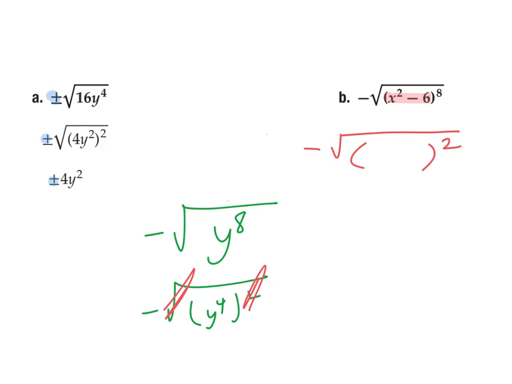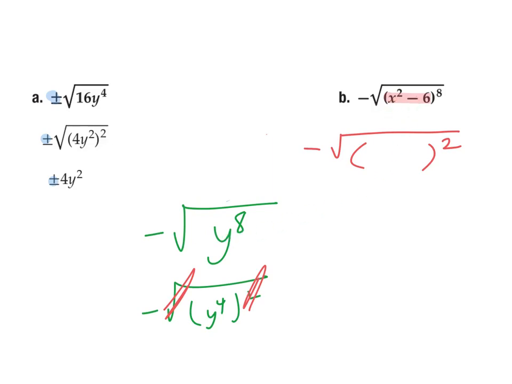X squared minus 6. So I'm thinking, again, this is that whole idea of thinking about it as one whole thing. We don't have to multiply anything out. We don't have to take x to the 2nd minus 6 to the 8th. We don't want to do that. It's just one quantity raised to the 8th. So I can think about it this way. When I rewrote the problem this way, I basically substituted y in for x squared minus 6.